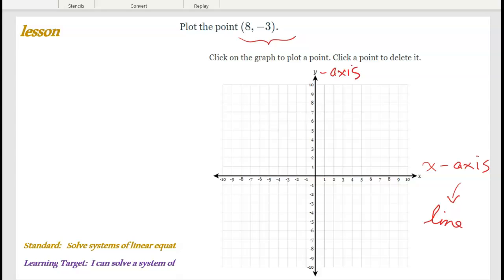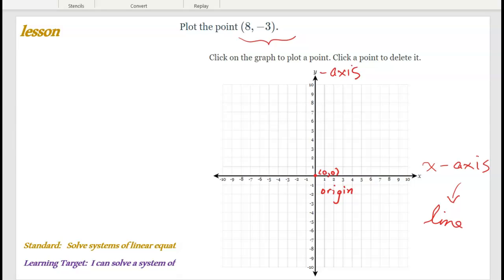When you plot a point, you start at the point 0, 0, which is called the origin. So let's write that out. Origin. So here's the origin. That's the point 0, 0. So you always start at the origin.